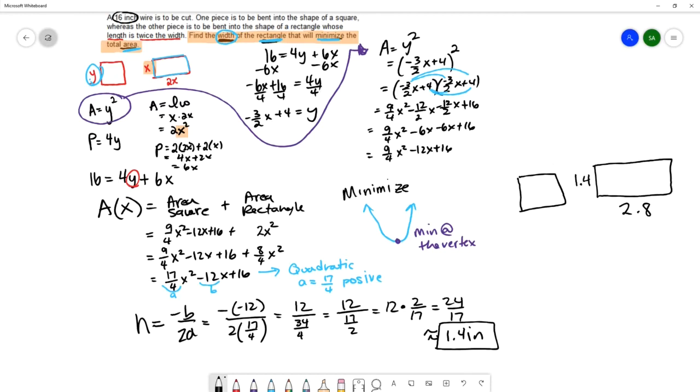And we also found that for our square, y was -3/2 times x plus 4. So this is going to be approximate. 1.4 times 3 divided by 2. And that should be a negative. Plus 4 gives me approximately 1.9.